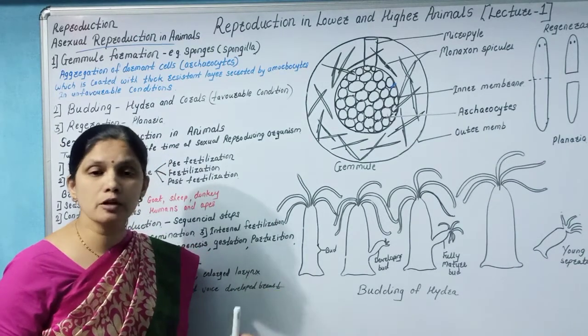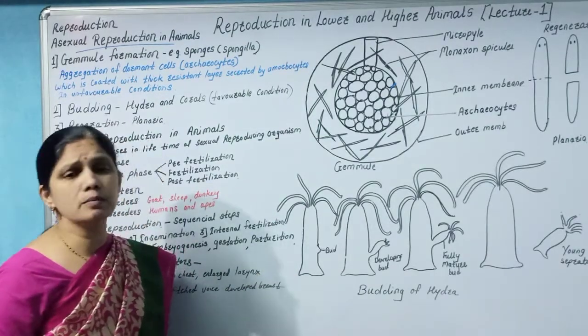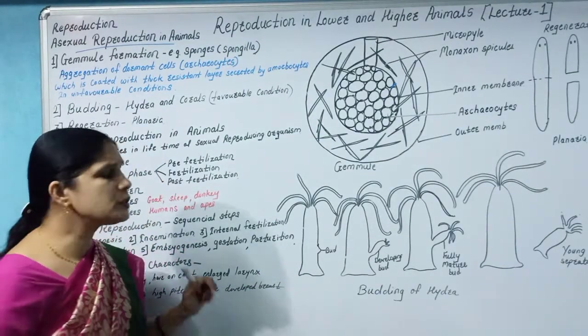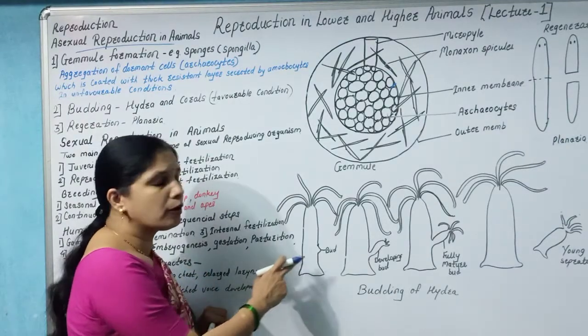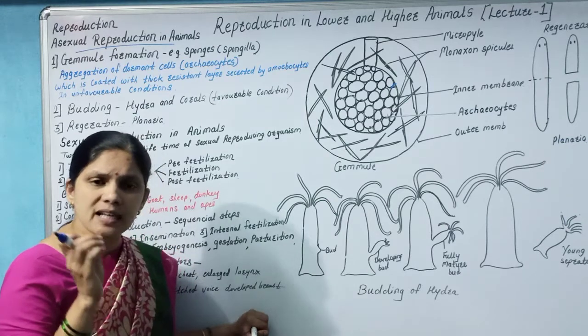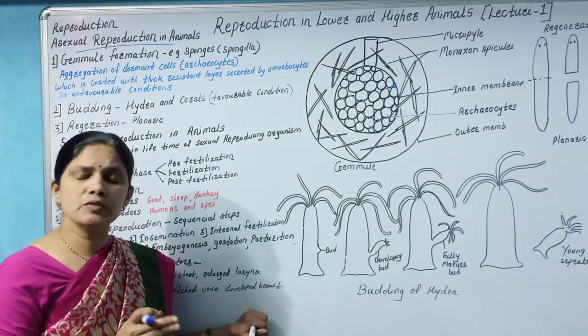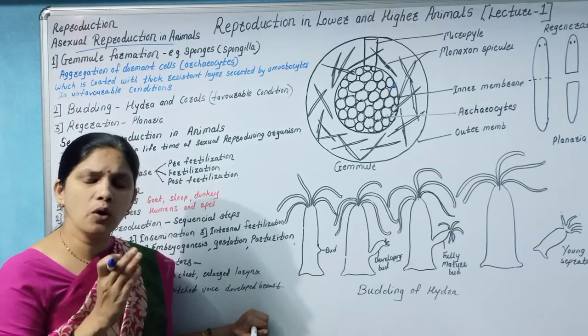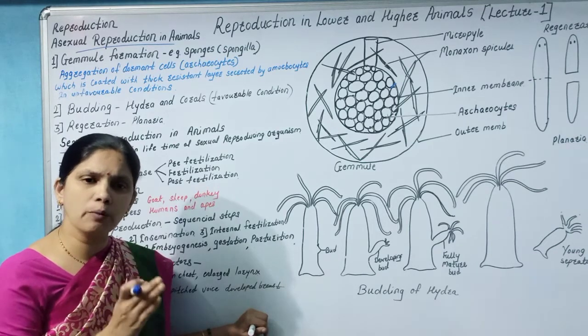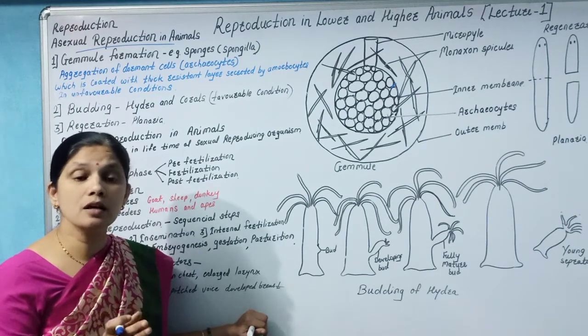The new offspring are formed from one parent, so they are exactly similar to the parent. They are the Xerox copy of the parent, and these are known as clones.